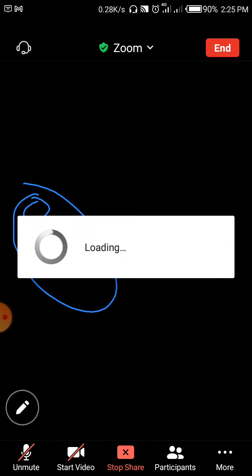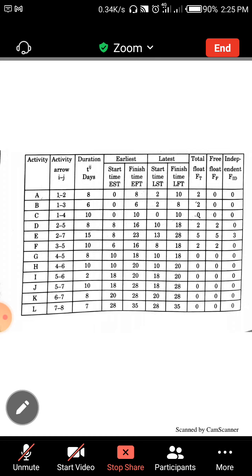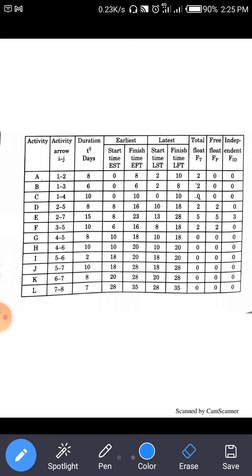So here we write it: earliest starting time 0 and earliest finish time 10. Okay. So similarly for all the activities, from 1 to 2 through 7 to 8, we write the earliest starting time and finish time in both columns.